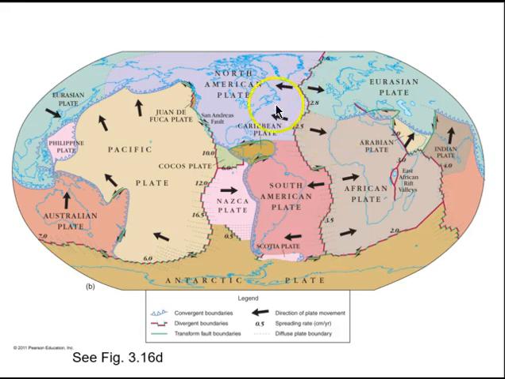Look here at the Atlantic Ocean. We've got the South American plate, we've got the African plate, we've got the Eurasian plate, we've got the North American plate, and you've got the Caribbean plate all the way in here as well. So the oceans usually have differing directions. Look over here in the Pacific Ocean.